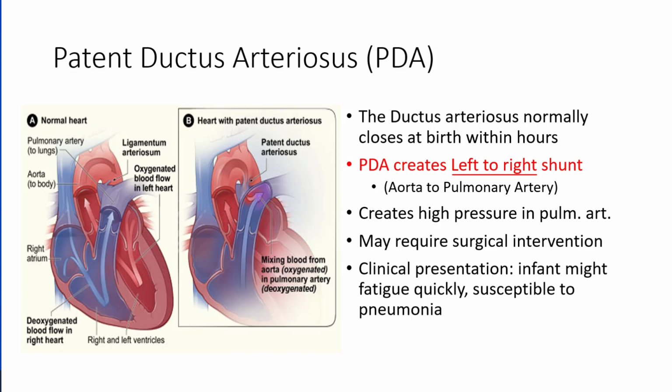Because now we don't have that foramen ovale, we don't have the placenta, we're pumping blood on our own, coming back from the lungs, through the pulmonary veins and the left ventricle out to the periphery.